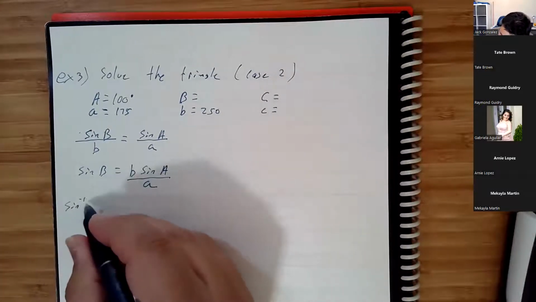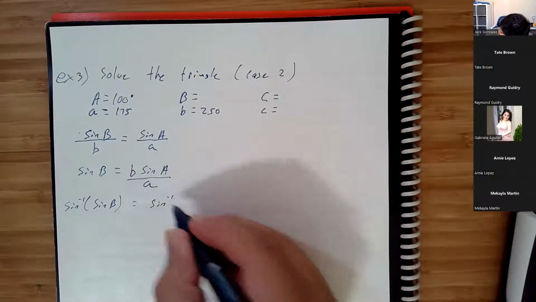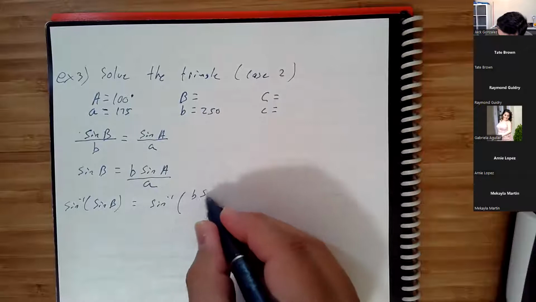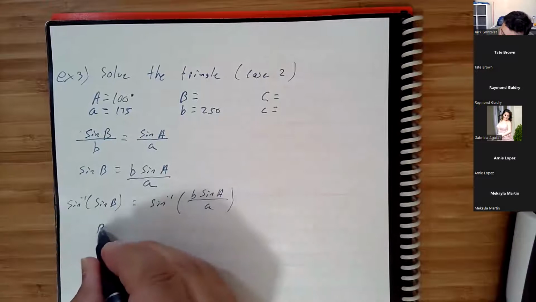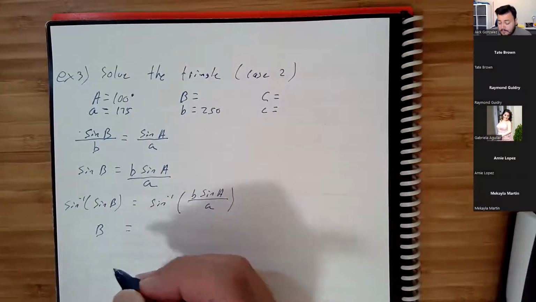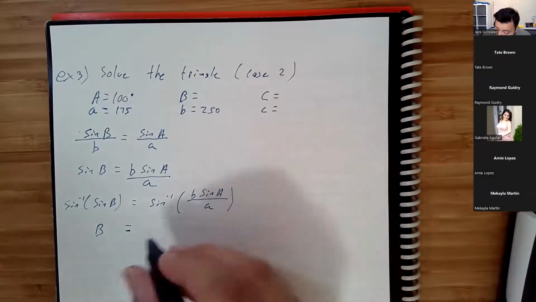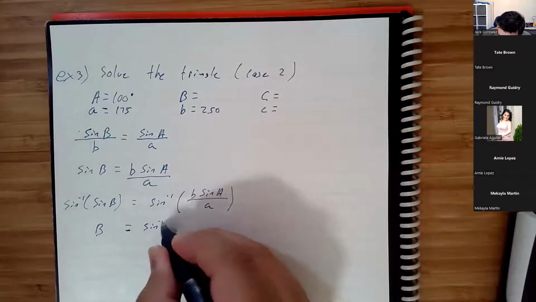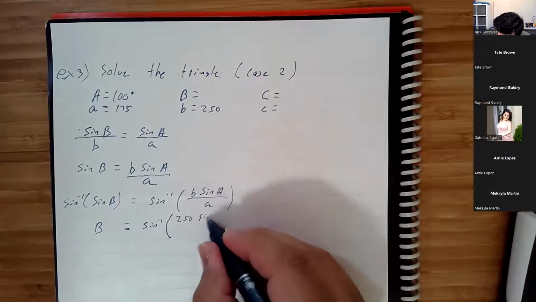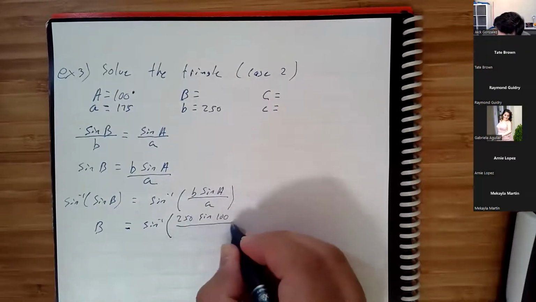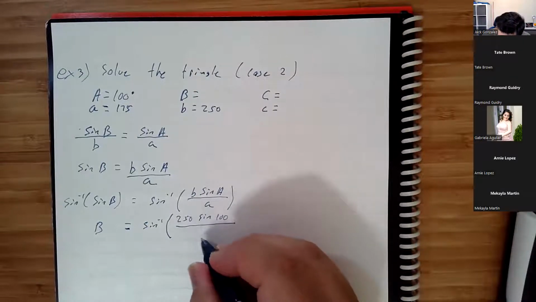I'm going to show an extra step this time. So capital B will equal sine inverse of 250 sine of 100 over 175.